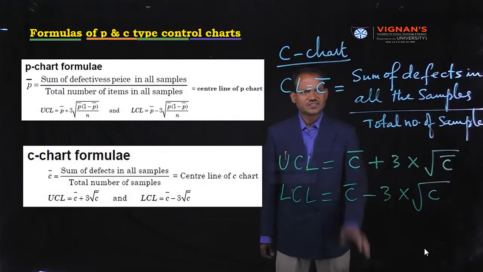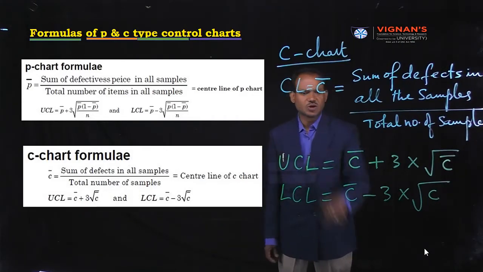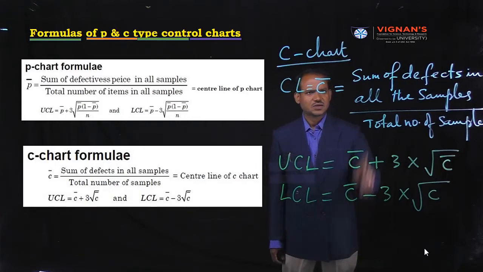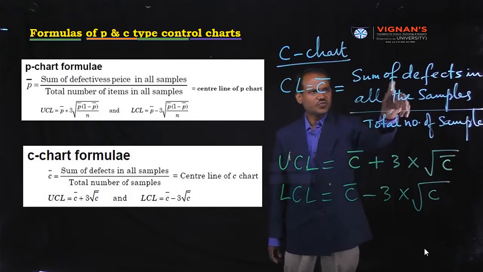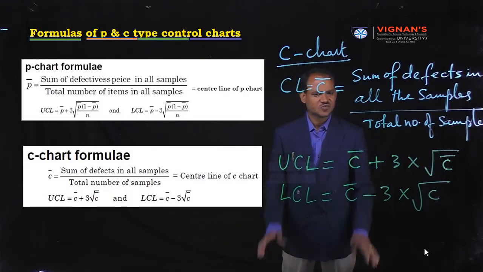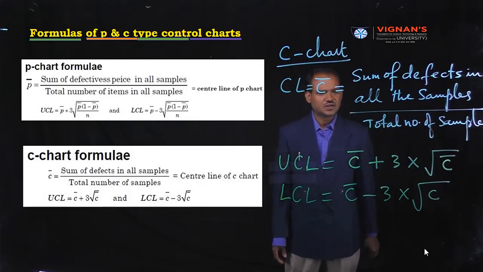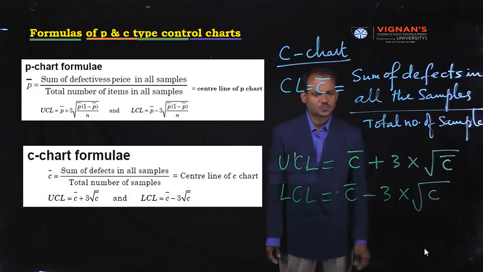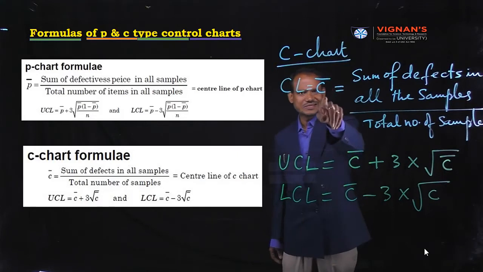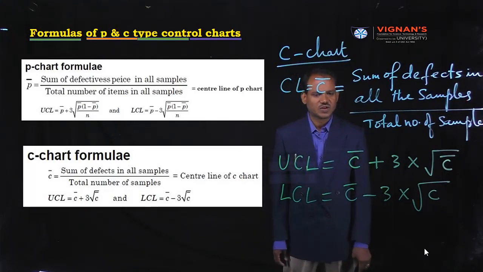Okay, in case of the C chart, the control limit is C bar. C bar is equal to the sum of defects in all the samples, with the condition that it is only in one unit, the same unit, divided by the total number of samples. This is the formula used to calculate the control limit, known as the center line.